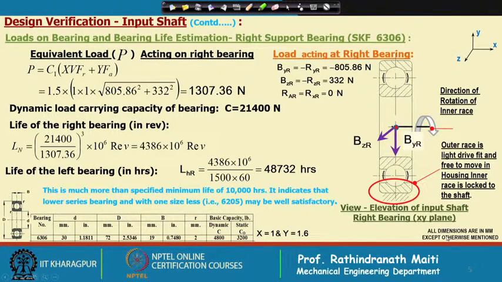Here itself, this is much more than the specified minimum life of 10,000 hours, and it indicates that a lower series bearing with one size less may be well satisfactory. We have chosen 6306; probably 6205 also satisfies the life.